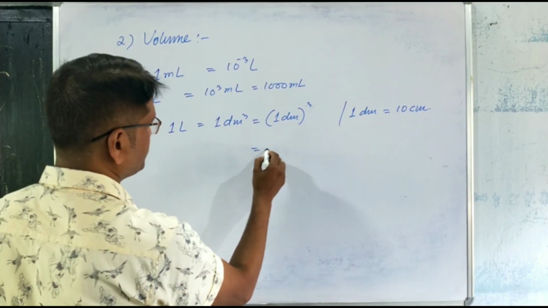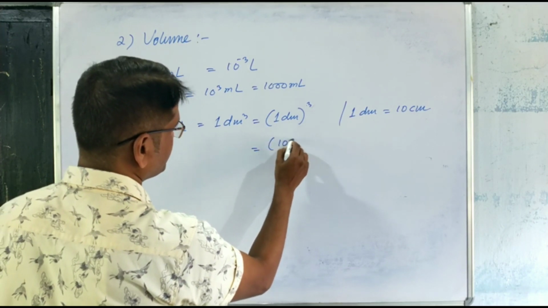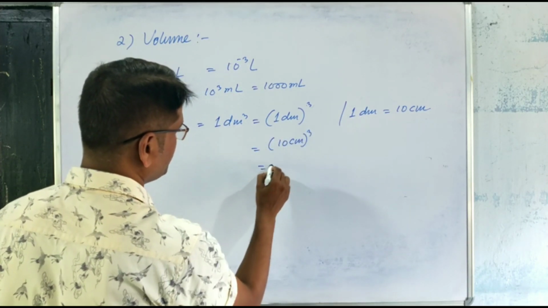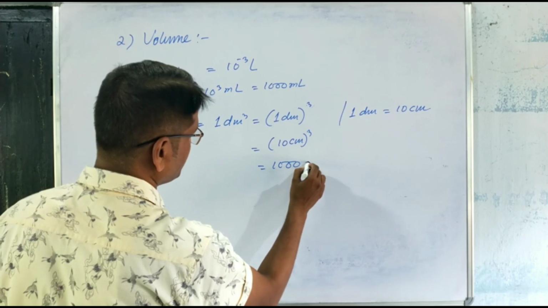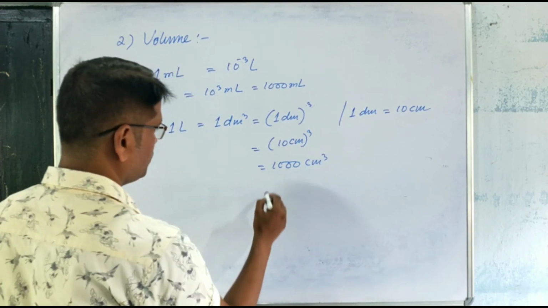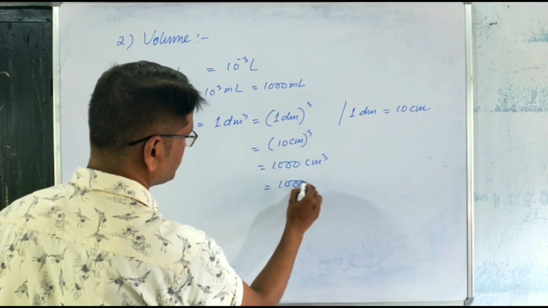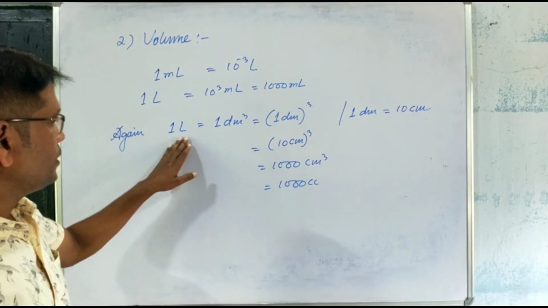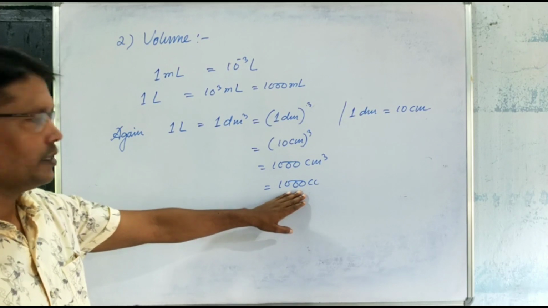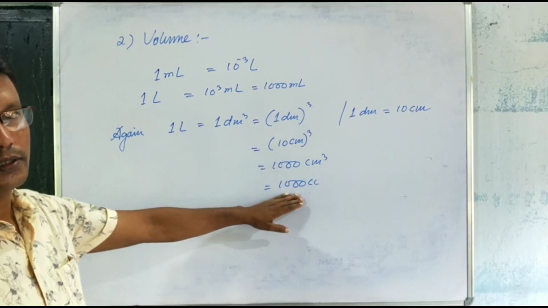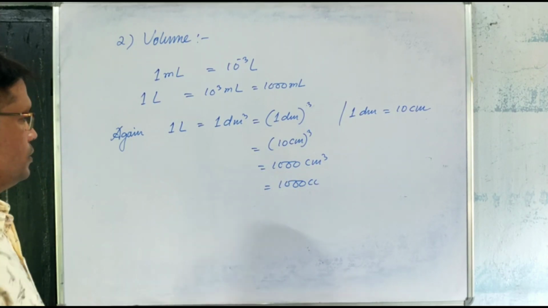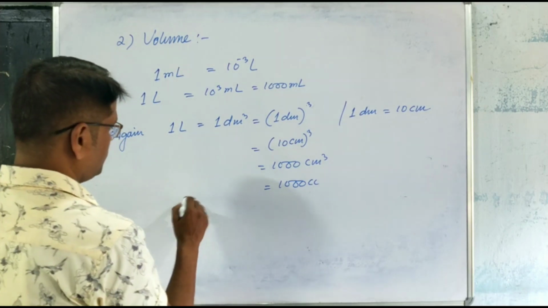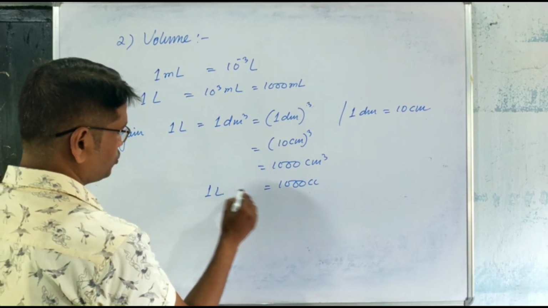So we can write here 10 centimeter cube, that means 1000 centimeter cube or 1000 cc. So 1 liter is equal to 1000 cc. So these are the important relations you should keep in mind.